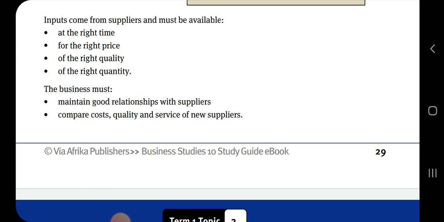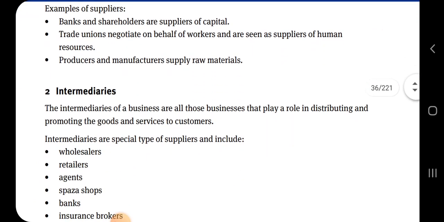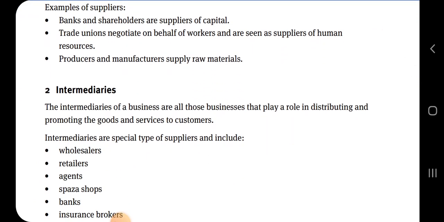When new suppliers come to town, try to order from them and see what you can get different from what you currently have with your supplier. So examples of suppliers are banks and shareholders, who are suppliers of capital. So we have suppliers of capital, suppliers of workers, and suppliers of raw material. So it's the supplier of capital, which is money, the supplier of human resources, which is people working for you, and then the supplier of raw material.